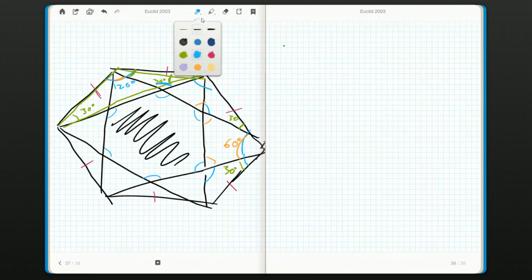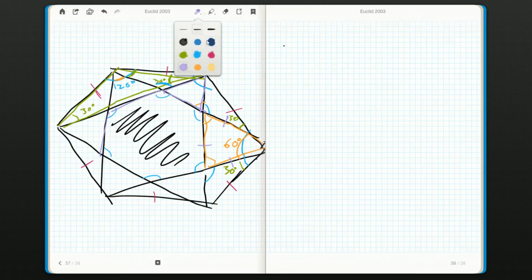Okay. But notice, with this orange triangle here, we've now shown that it's equilateral. So that means, we'll use purple here, this length is the same as this length, is the same as this length. But this other triangle is isosceles, so that means this length, and this length, and all the purple lengths are the same.